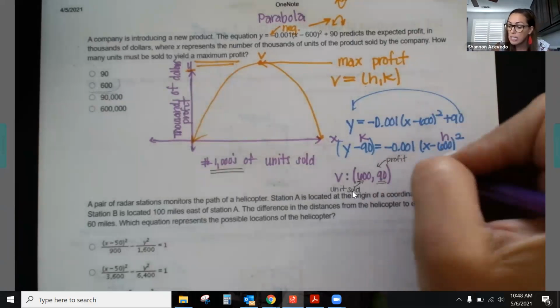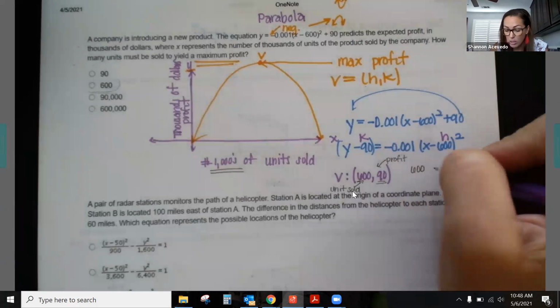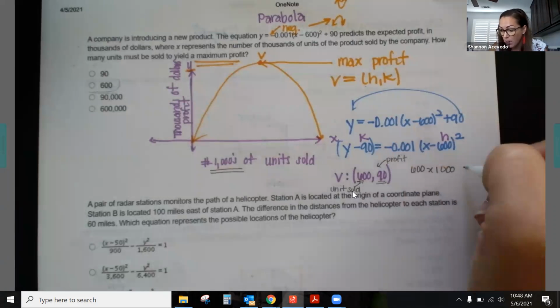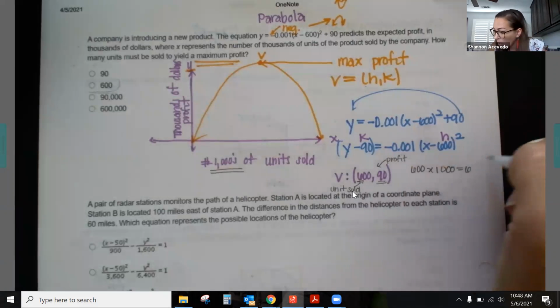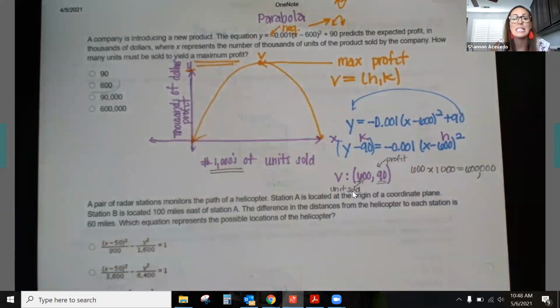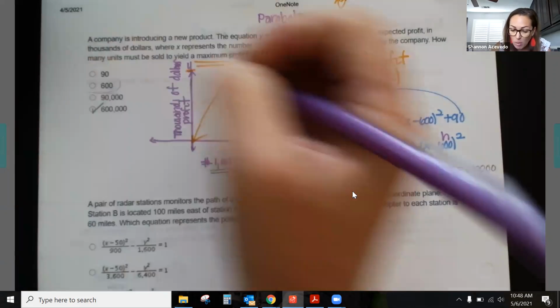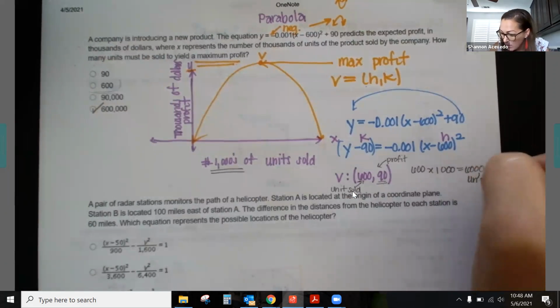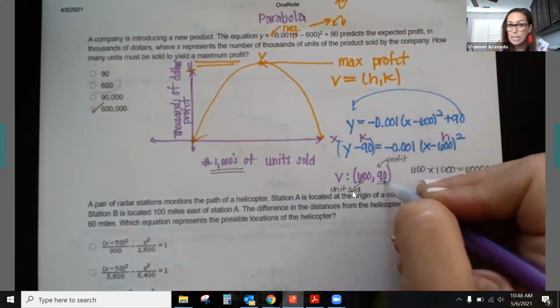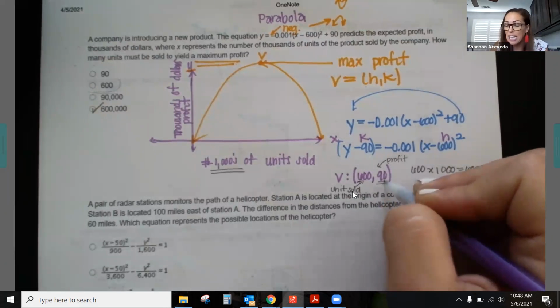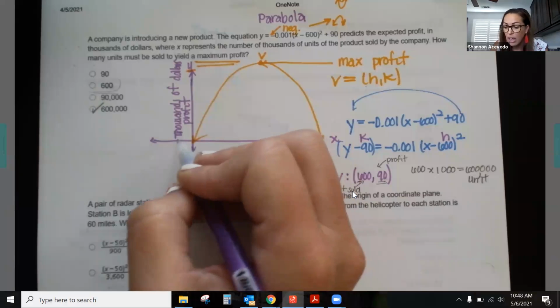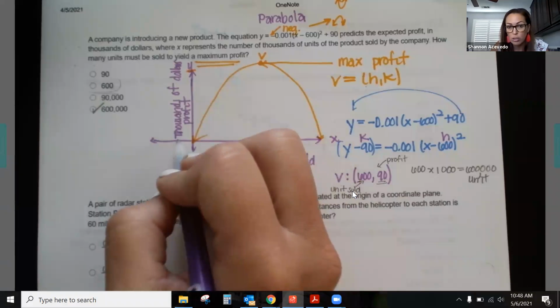So if I have 600 units sold, I would need to multiply that by 1,000, and I would end up with 600,000 units. So the profit isn't $90, it's 90 times $1,000.